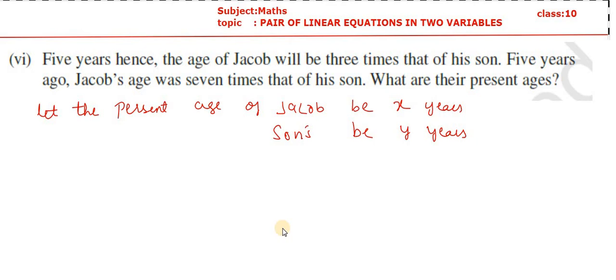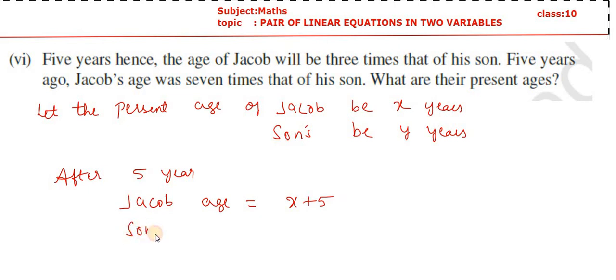So after 5 years, Jacob's age is equal to x plus 5 years, and the son's age is y plus 5 years.